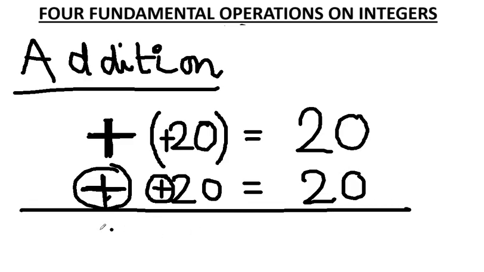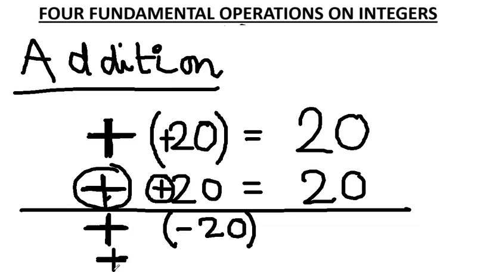Now moving on to the next one. If the operation is addition and we have a negative 20 inside the parentheses, or it can also be written like this, when we have the operation as plus and we have a negative 20 tagged along with it, that means the plus is not going to change the sign in front of the number.